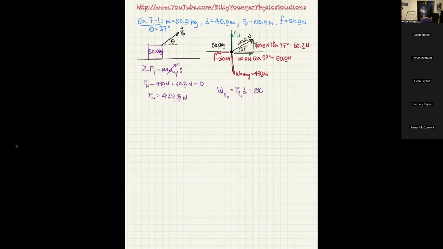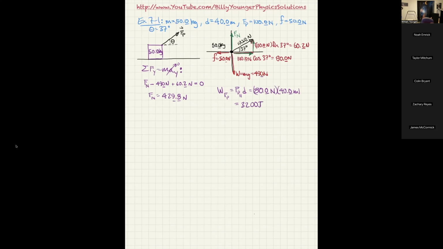So that's one way we could do it. I'm going to write 80.0 newtons times D, which is 40.0 meters. And that gives you, of course, 8 times 4 is 32. And that means 3,200 Newton meters, which is a joule.